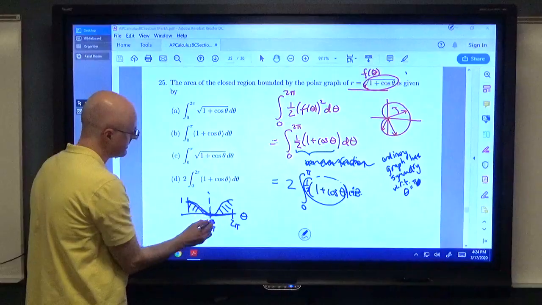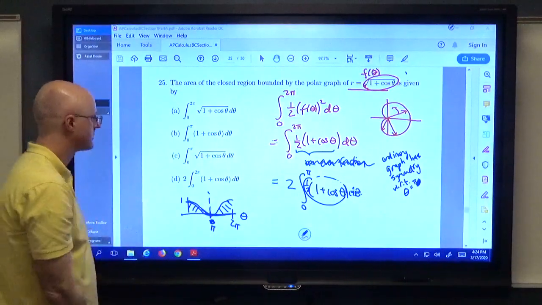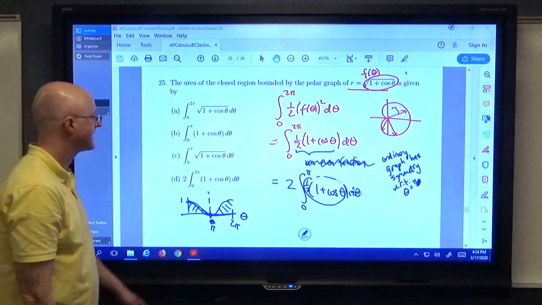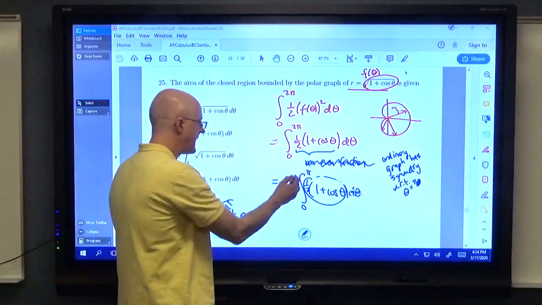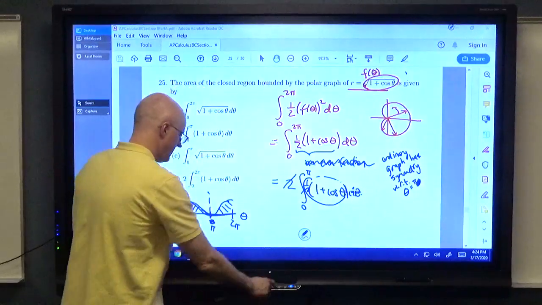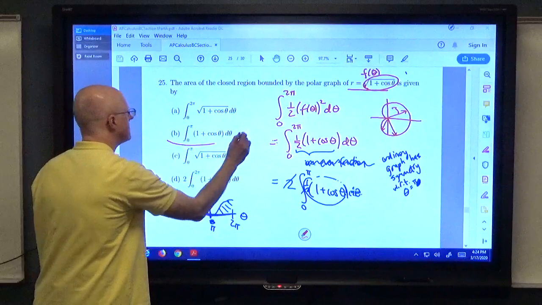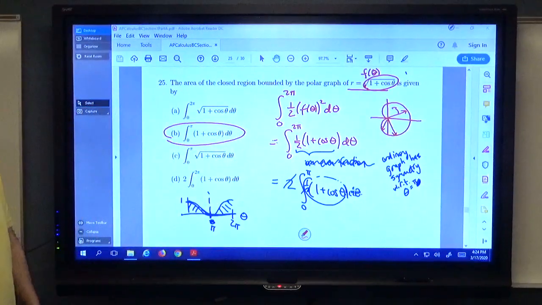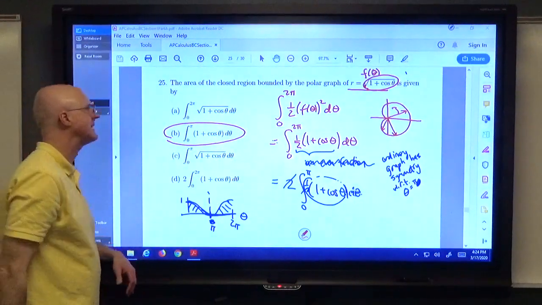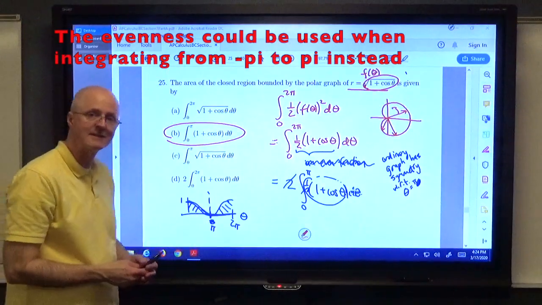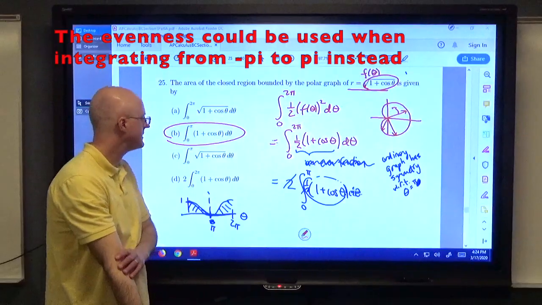It's got symmetry with respect to that vertical line at pi in an ordinary kind of graph. So that justifies this. And then the 2's cancel. And you're left with answer B. Right, so extra tricky, and I was thinking about it wrong at first in terms of even functions. I mean, it's a similar kind of thing, but it's not technically the fact that it's even that you need.